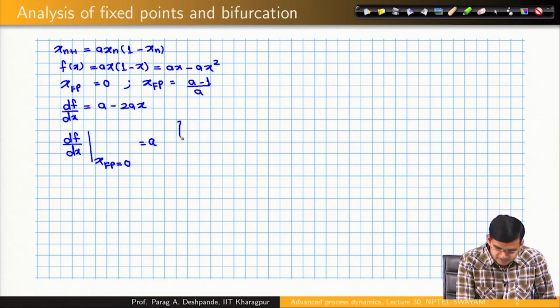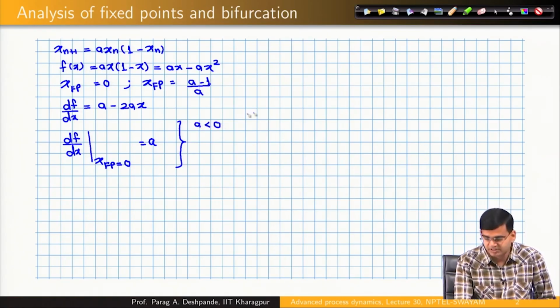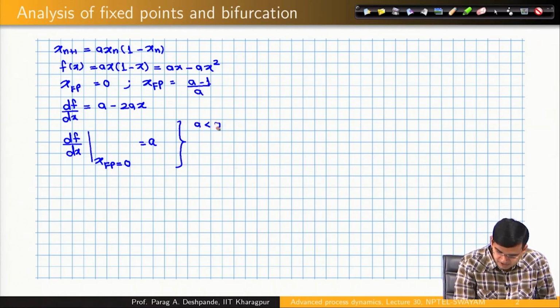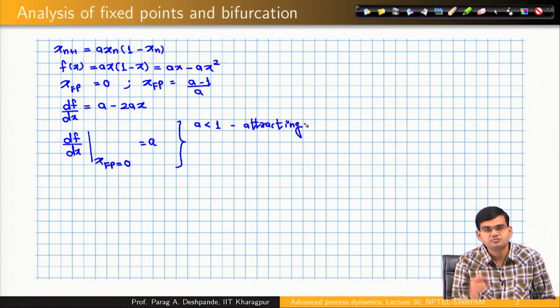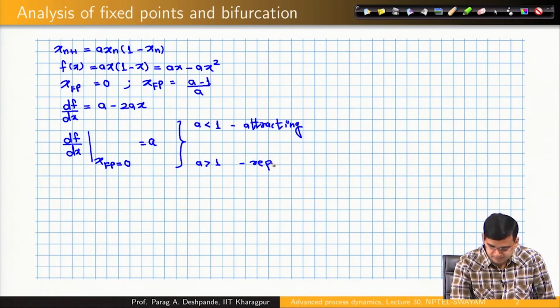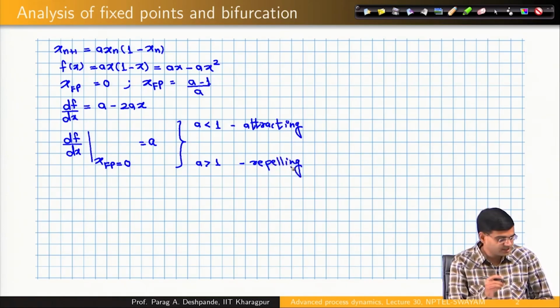For a less than 1, and it is very important that we do not by mistake use 0 here, you would have an attracting fixed point, which means a stable solution tending to that fixed point, and for a greater than 1, you will have a repelling fixed point. Let us check if this is the case.